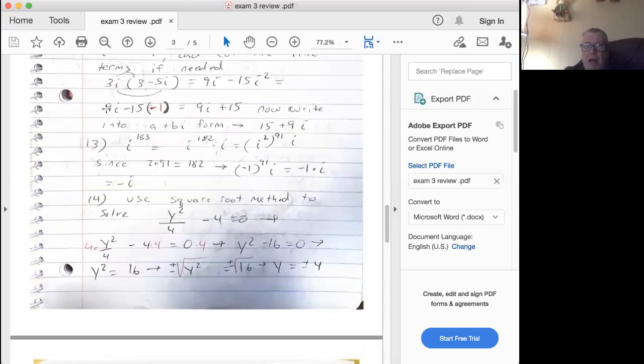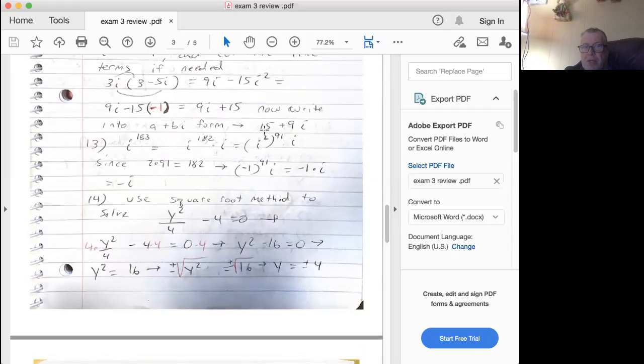We might have i to some higher power. If this is an odd power, we shed one i off. So in this case, it's 183, so that'd be i to the 182nd times i. That one was shed off. Now, this number will divide by 2, and so that's 91.